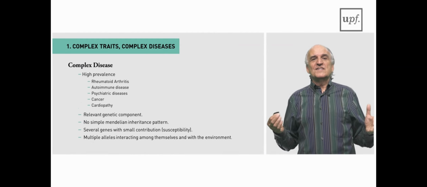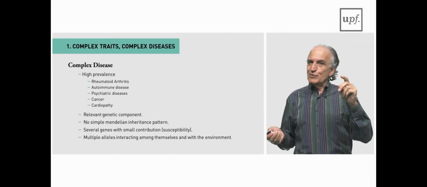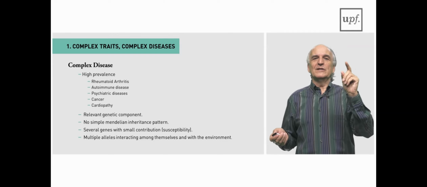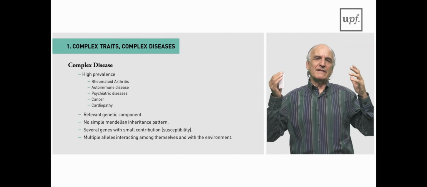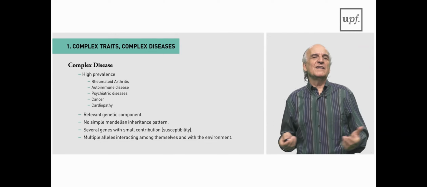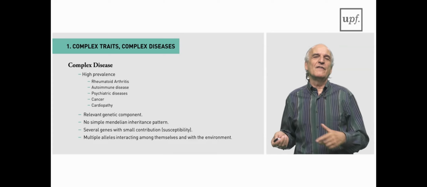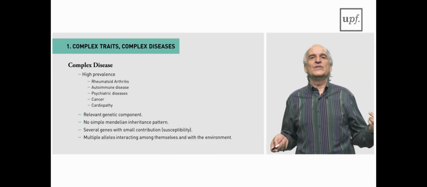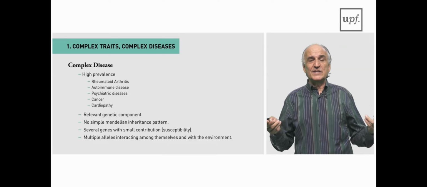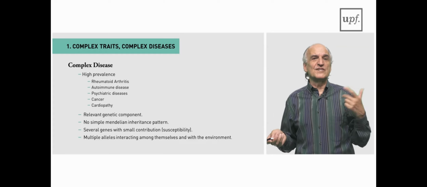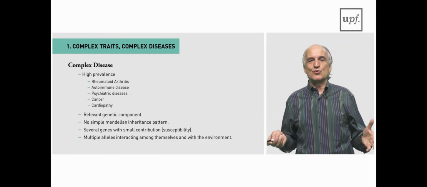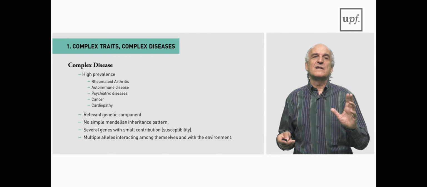In general, complex diseases, and this is the most important thing, have high prevalence. They affect lots of people. And here we have cases of arthritis, lots of different autoimmune diseases, all the psychiatric diseases, autism, schizophrenia, bipolar disorders, cancer.